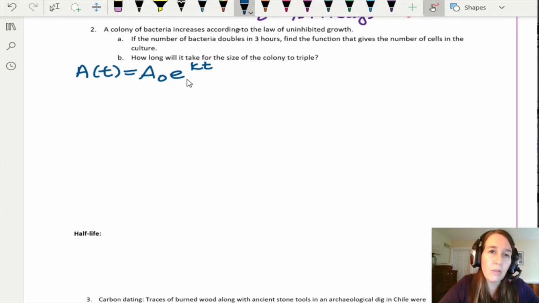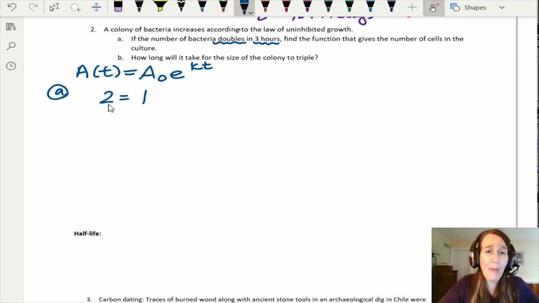Okay? So to begin with, we are looking at two pieces of information. The bacteria doubles and the time is 3 hours. Okay, so let's fill that information into our equation. So this is going to be part A. If the bacteria doubles, that means that this side is 2 and this side is 1, right?